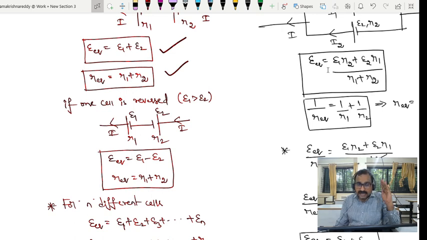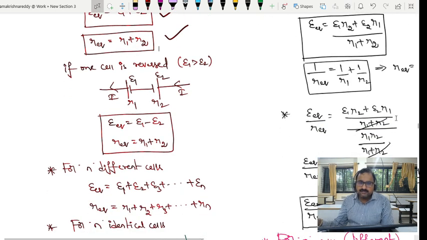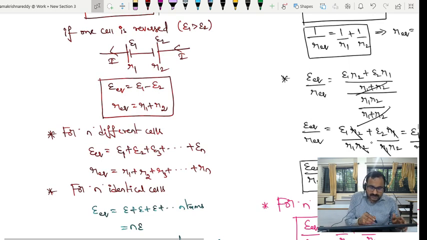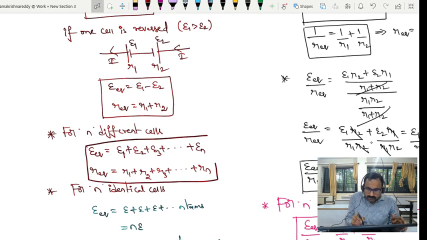Now we are taking n different cells, and n identical cells also. For n different cells, what is the equation we are getting there? E equivalent is equal to E1 plus E2 plus E3 and so on up to En. R equivalent is equal to R1 plus R2 plus R3 and so on up to Rn.